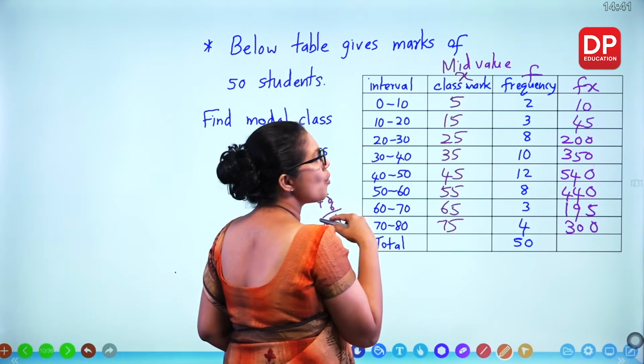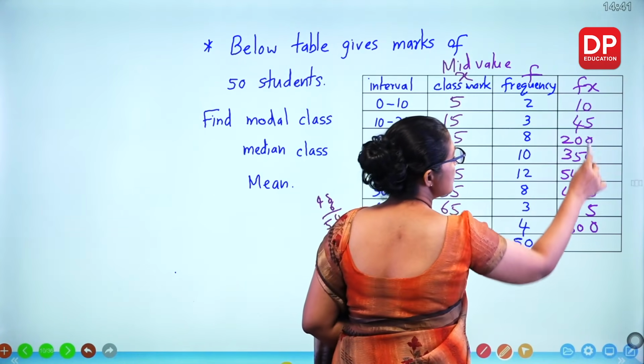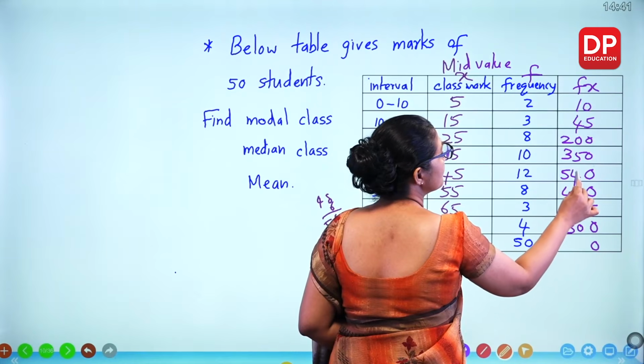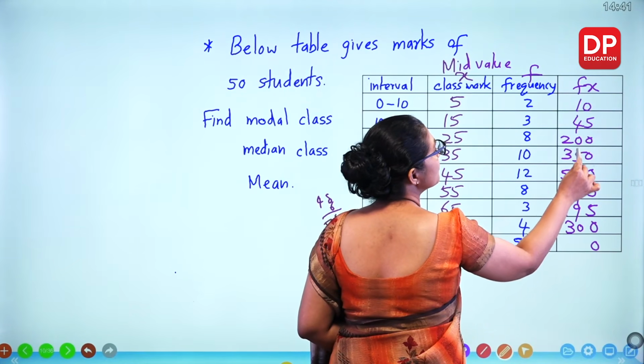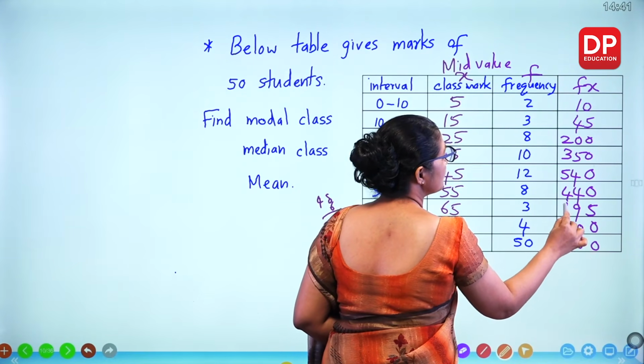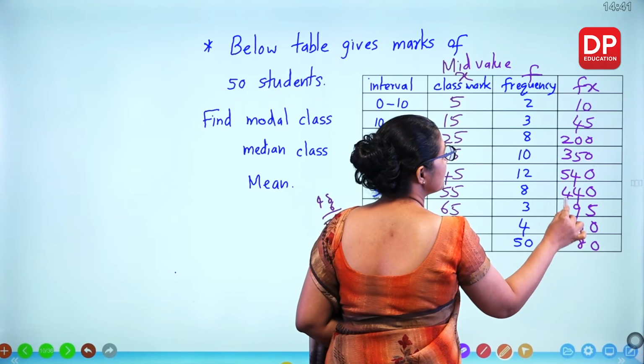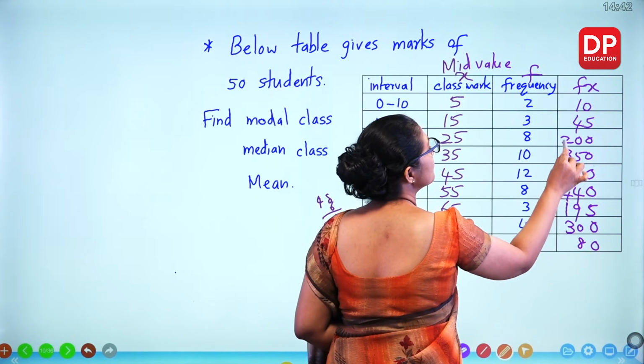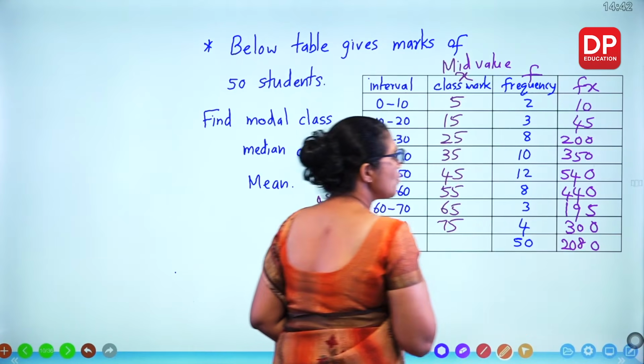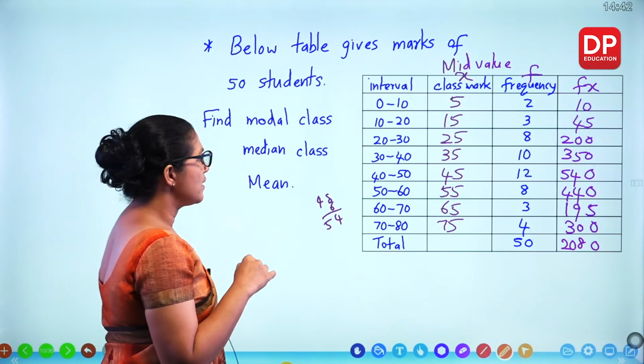So what's the total fx? Add it together. 2080 is the total fx value.